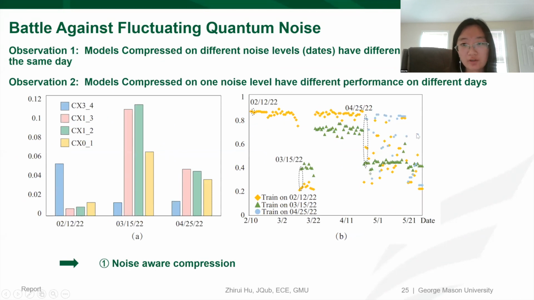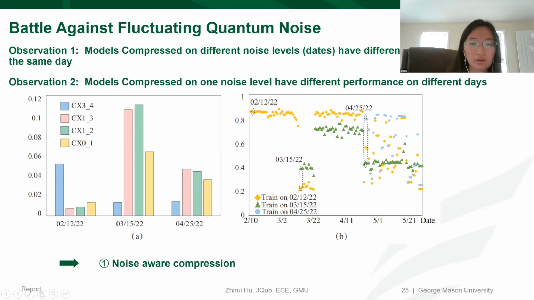We further investigated the reason. We can see the noise on 3 days is different. The first day is small, the second day is large, and the third day is medium. I trained the model on the 3 days and tested it on the following days.